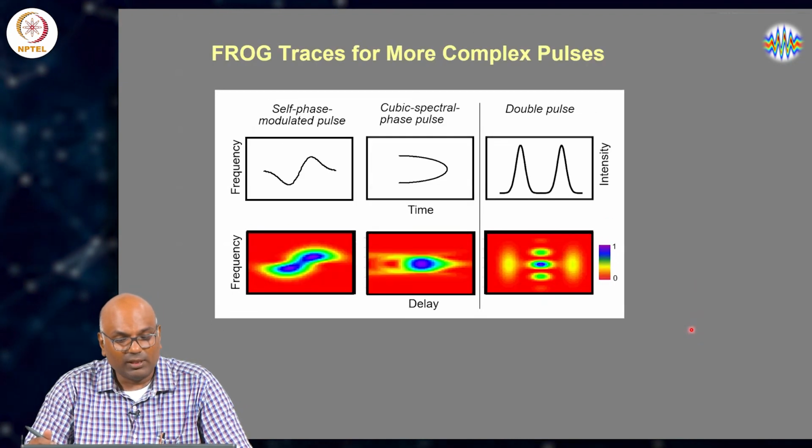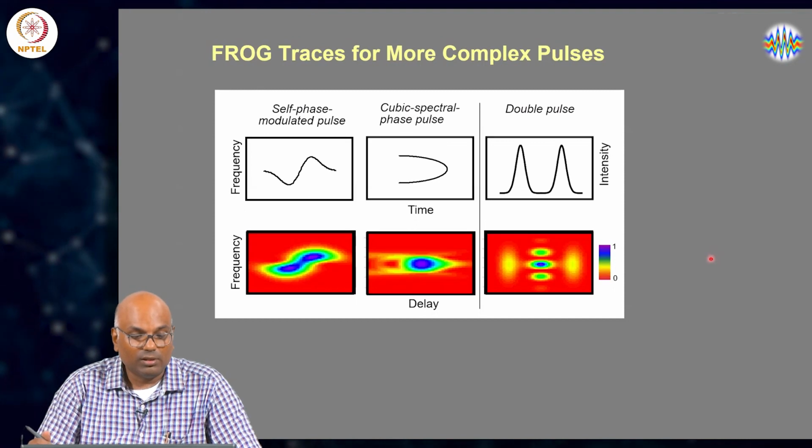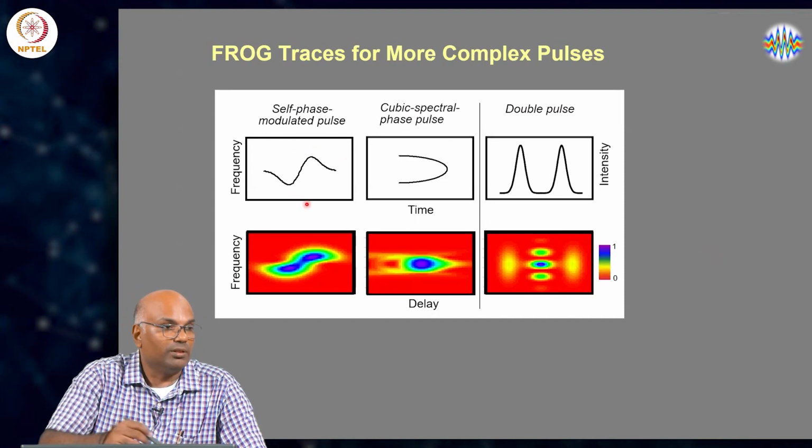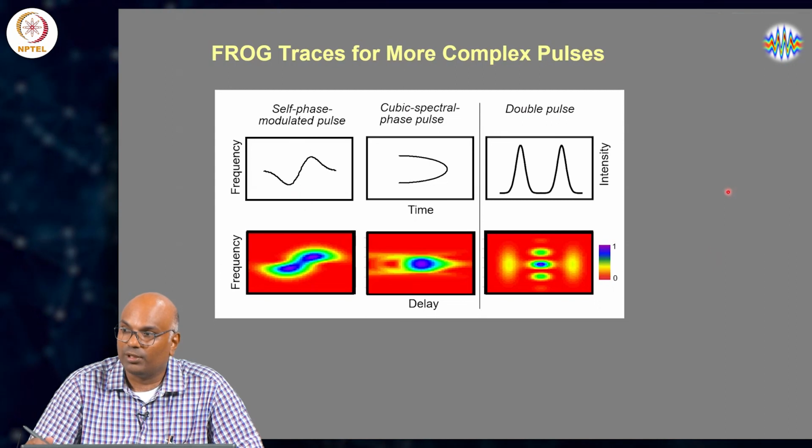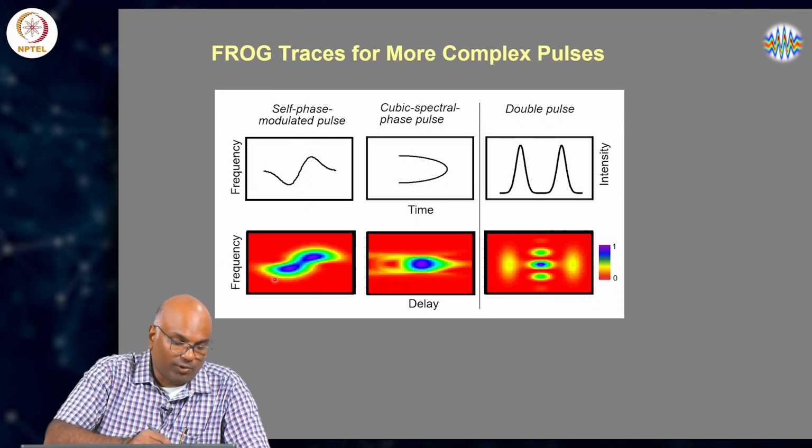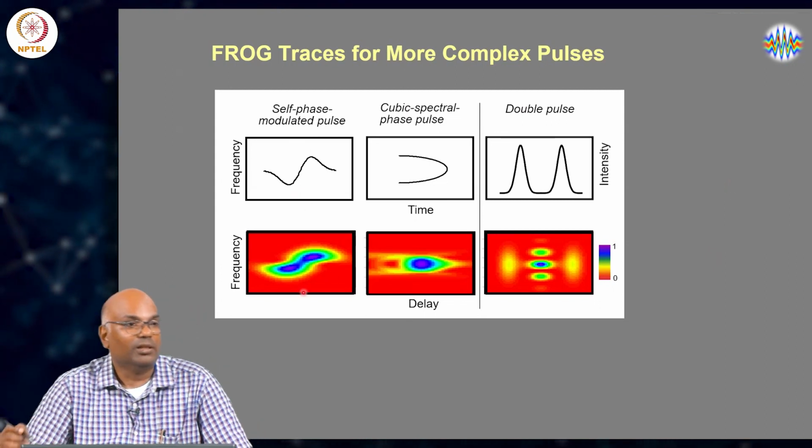Now, if a pulse has undergone substantial self phase modulation, remember we discussed self phase modulation earlier, then its FROG trace looks very distinct.